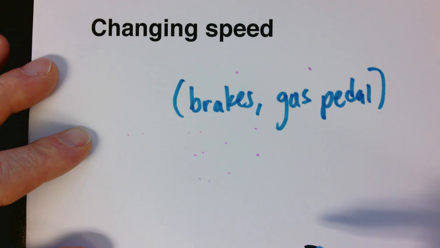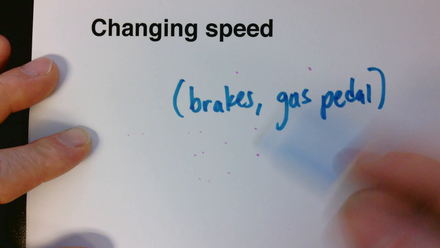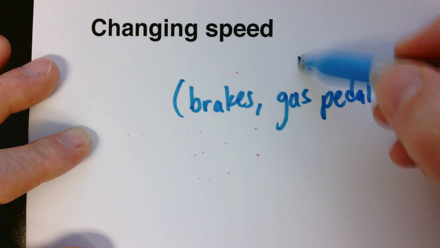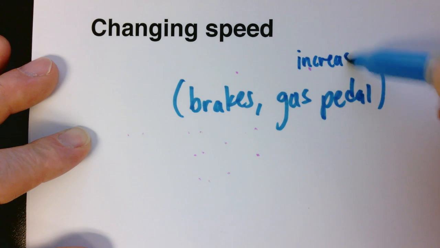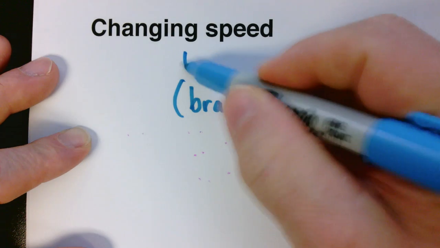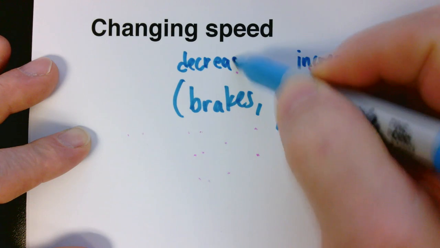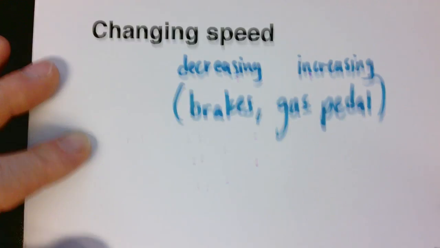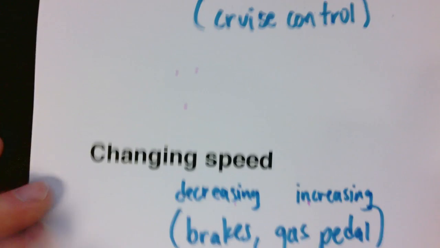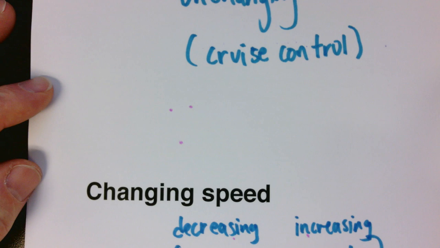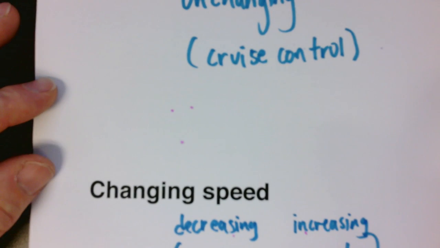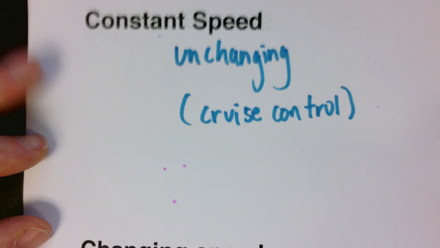The speed could be increasing or decreasing. Often the first question we want to ask ourselves when considering a situation in physics is whether the speed is constant or it's changing.